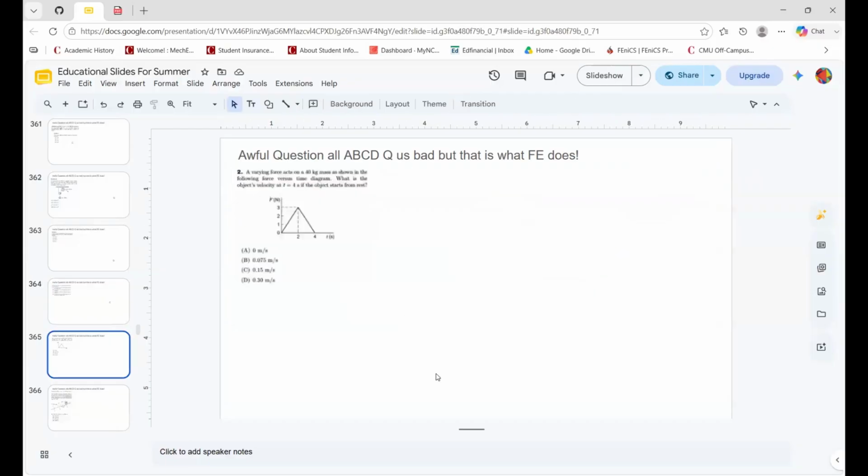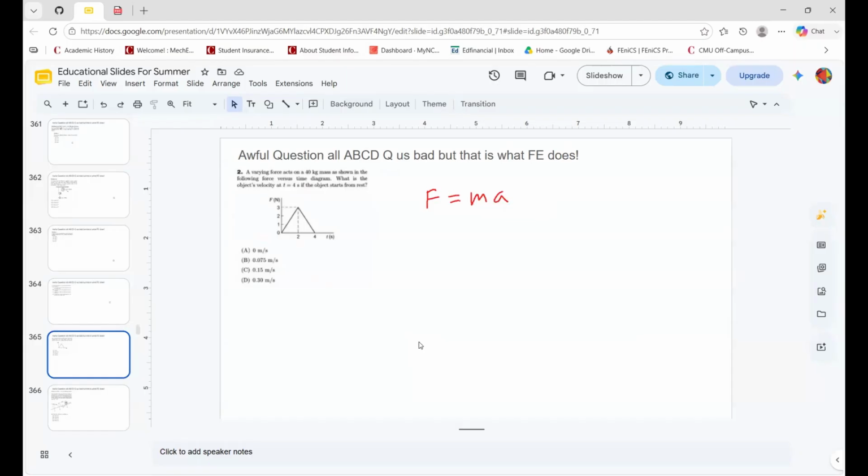A varying force acts on a 40-kilogram mass as shown in the following force versus time graph. What is the object's velocity at t equal 4 if the object started from rest? And this is acceleration, I'm assuming. So here's the thing. What is the object's velocity at t equal 4? Wait, isn't that 0? Before I say that, let's look at this.